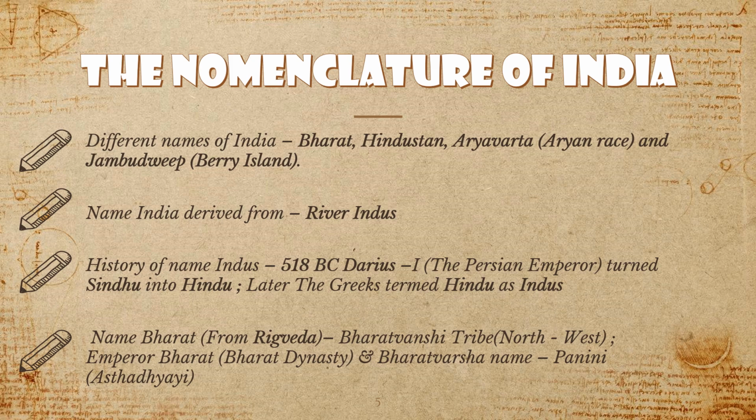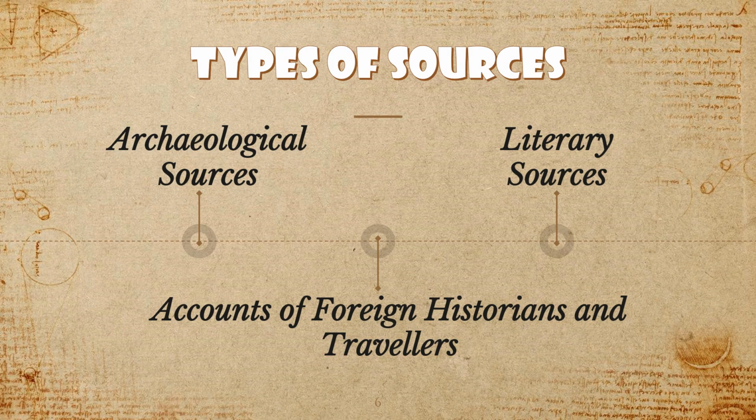Let us discuss some types of sources. There are three types of sources: archaeological sources, literary sources, and accounts of foreign historians and travelers. Now we will be discussing these three categories one by one.